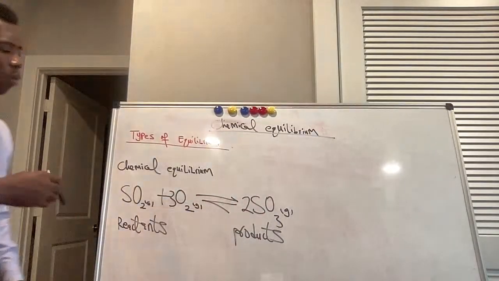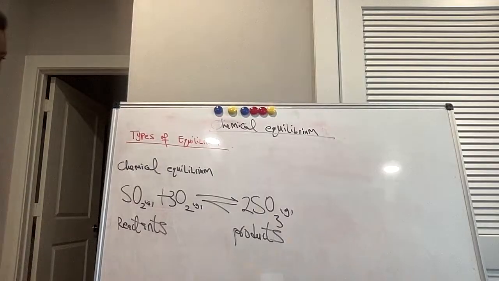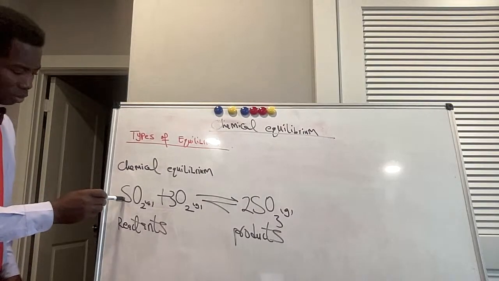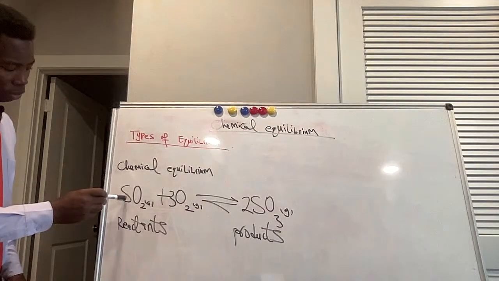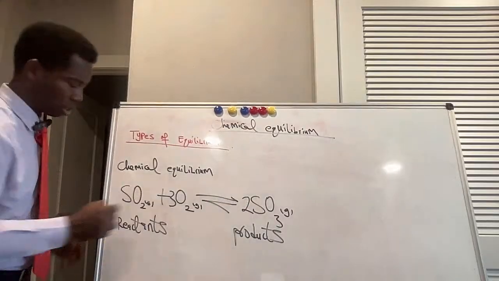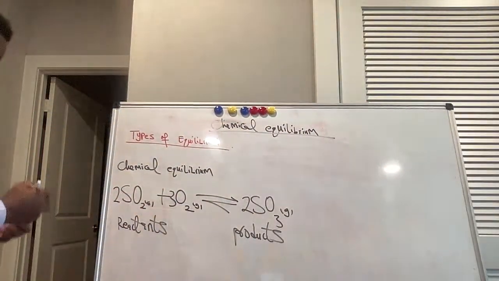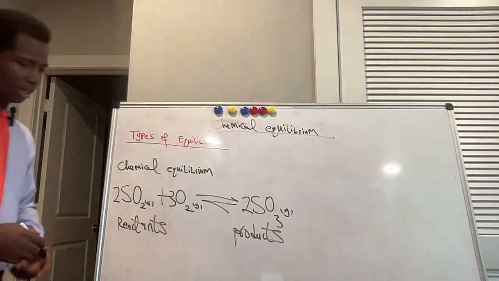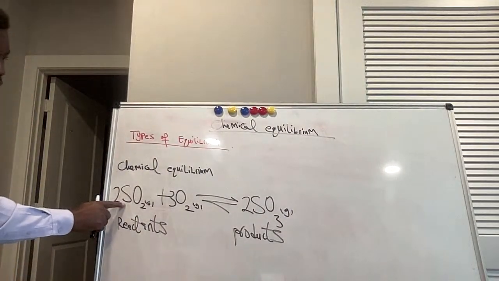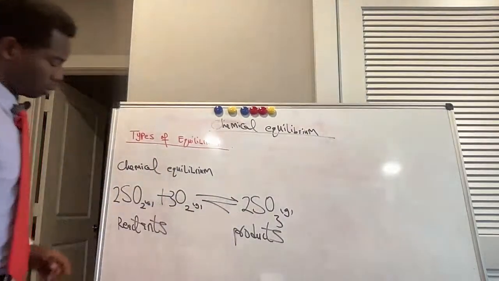Good. Now once you have added the number, start again. Sulfur is 1 here and 2 here, so make sulfur 2.